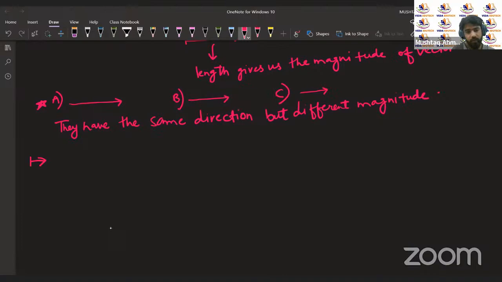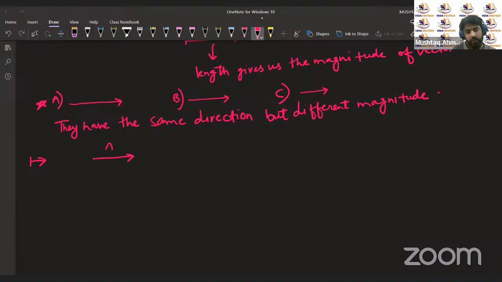Let's suppose that, what is the symbolic representation? The symbolic representation of a vector is like this. Suppose this is a vector.